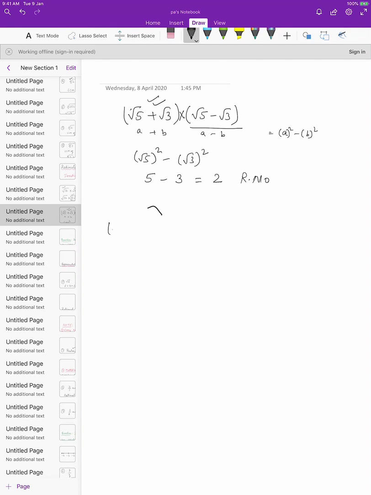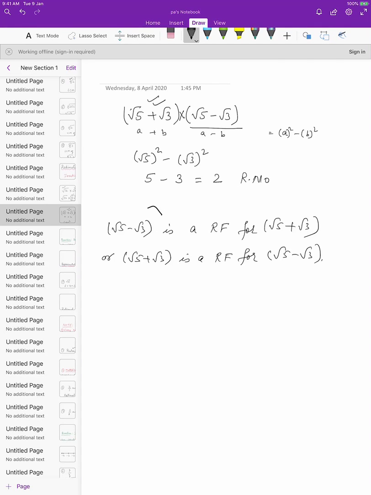It means I can say root 5 minus root 3 is a rationalizing factor for root 5 plus root 3, or I can say root 5 plus root 3 is a rationalizing factor for root 5 minus root 3.